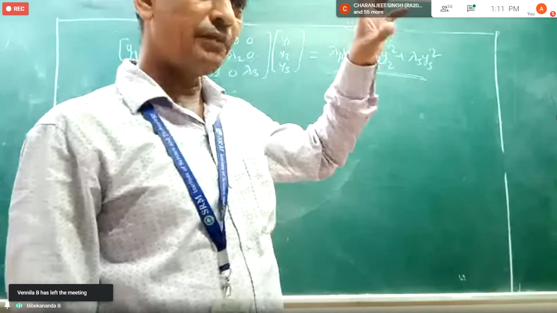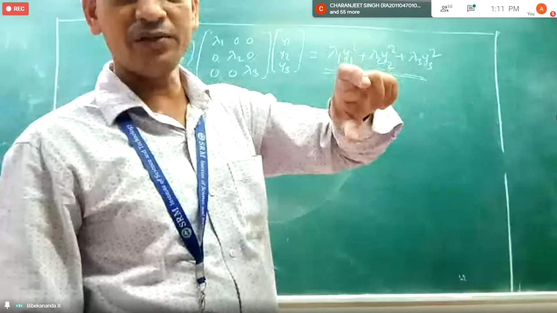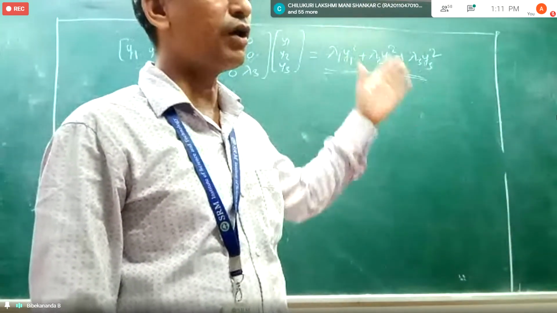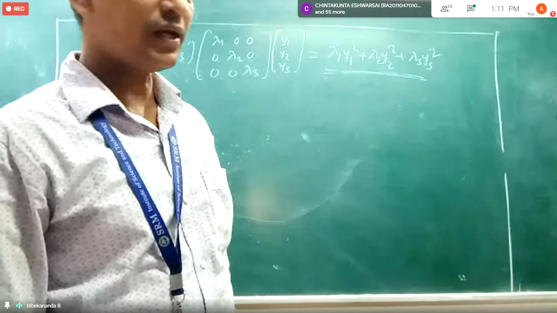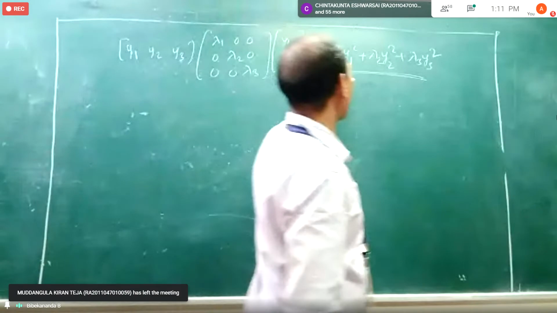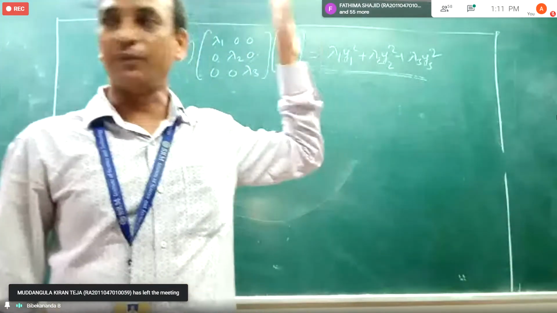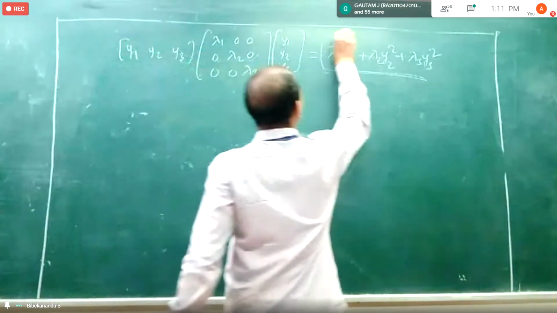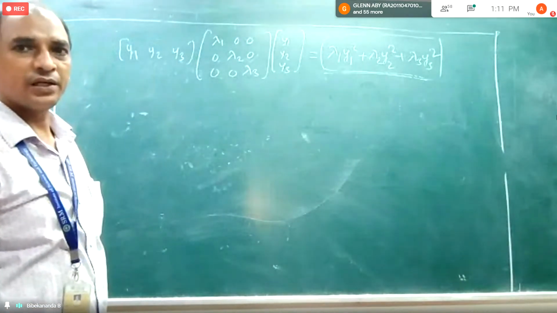So if the matrix is of order n cross n, you will have n eigenvalues. Depending upon this, you can decide the order of the matrix also. This form is called the canonical form.